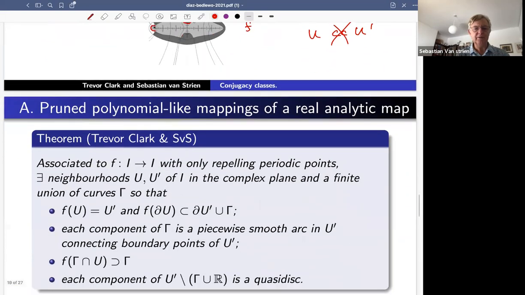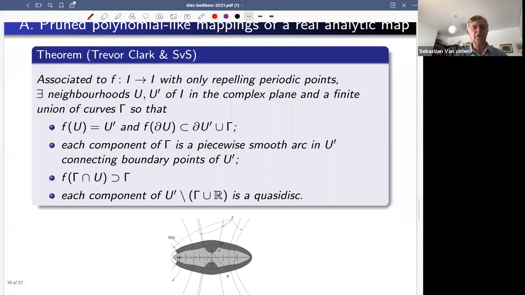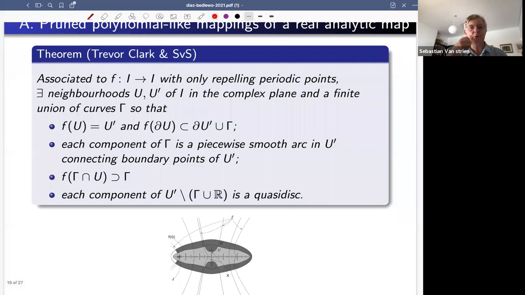So there are crucial differences. But with this, we are able to construct what is a pruned polynomial-like mapping. And, roughly speaking, the properties are described in this theorem. So you have a map between two neighborhoods, U and U prime, and these are neighborhoods of your interval I. And you have some finite union of curves.